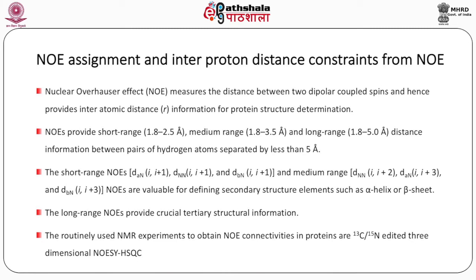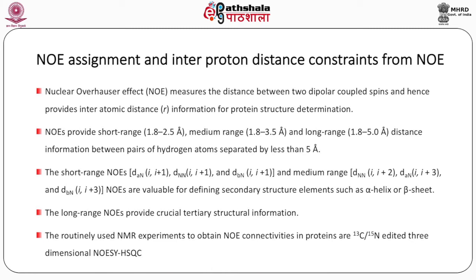NOEs provide short range 1.8 to 2.5 angstrom, medium range 1.8 to 3.5 angstrom and long range 1.8 to 5.0 angstrom distance information between pairs of hydrogen atoms separated by less than 5 angstrom.